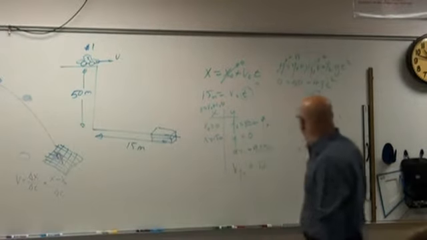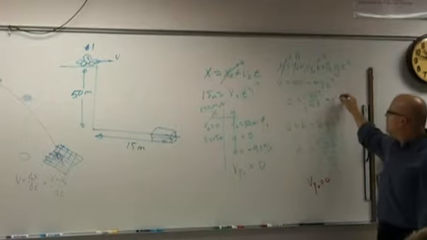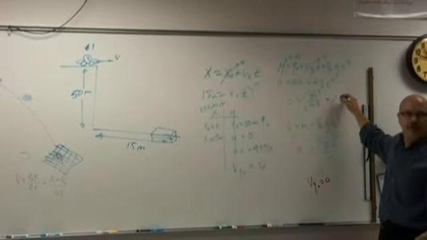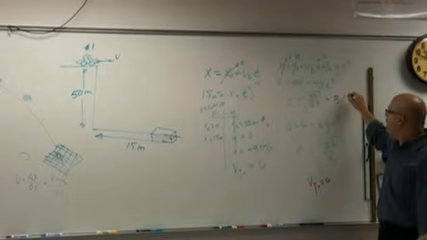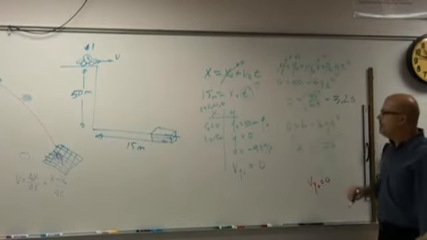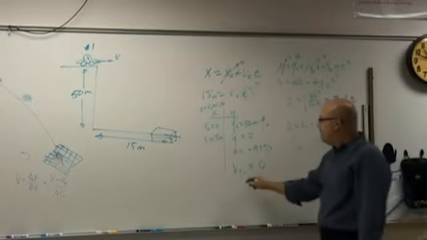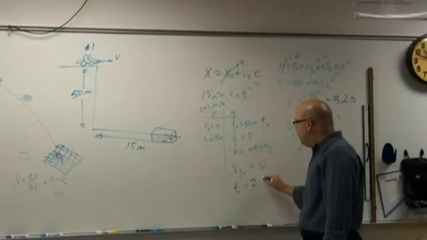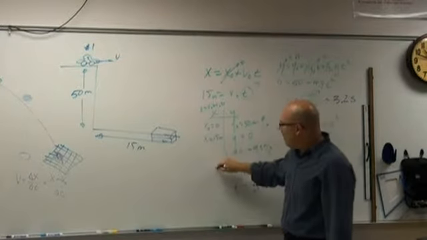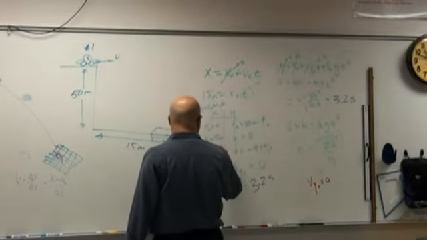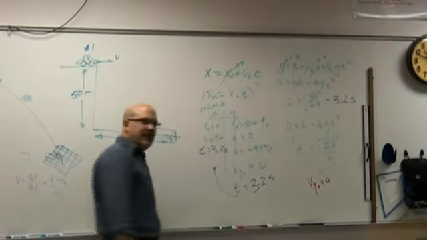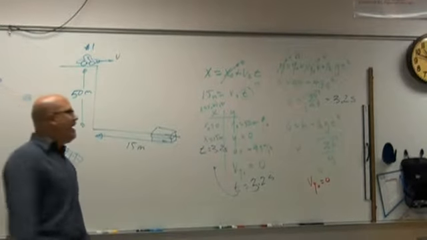Okay, so what's our time? 3.19. So 3.2-ish seconds. Now, wait a minute. Time is 3.2-ish seconds. So I can pass that over to this column now, because it's a scalar. And now can I find how fast?